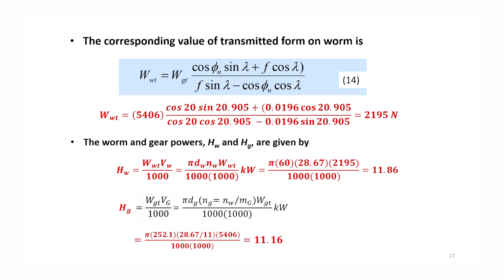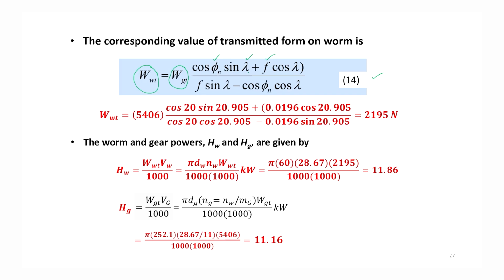Now, knowing the value of Wgt and other terms, that means this phi and lambda, coefficient of friction, now we can find the transmitted load on the worm. Transmitted load on the worm is related to transmitted load on the gear by formula 14.